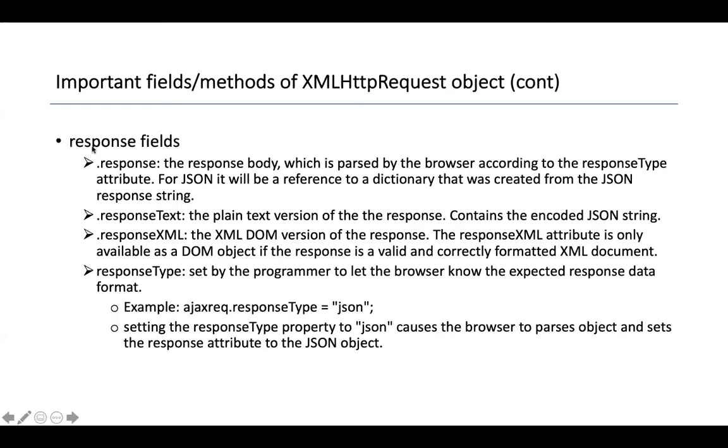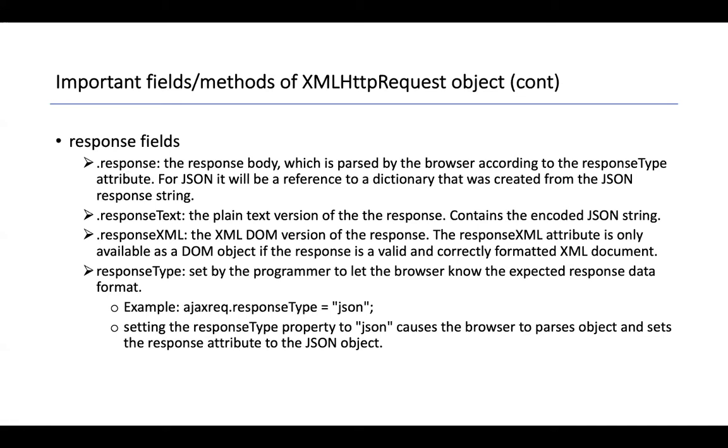Then very important is the response fields, and that's where the server response is stored. In this course, you're probably going to be looking at the .response field because that's where a JSON response is put. In particular, what you can expect to find there is a dictionary that was created from the JSON response string that was sent from the PHP script.